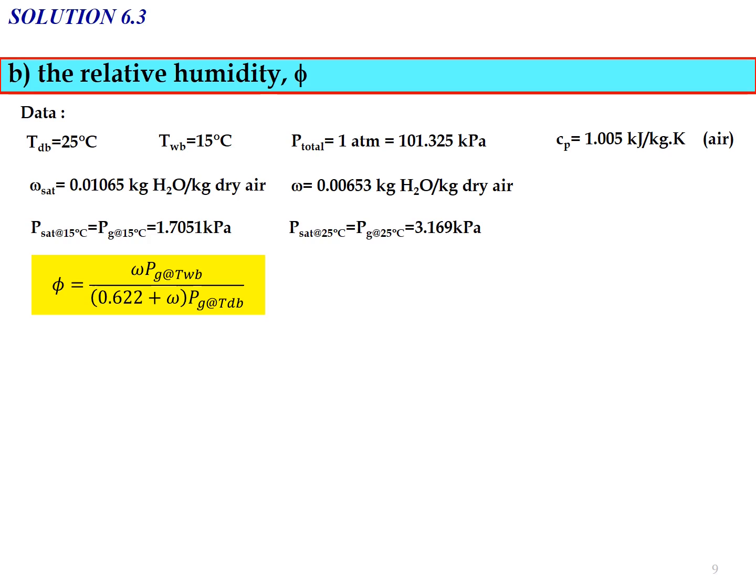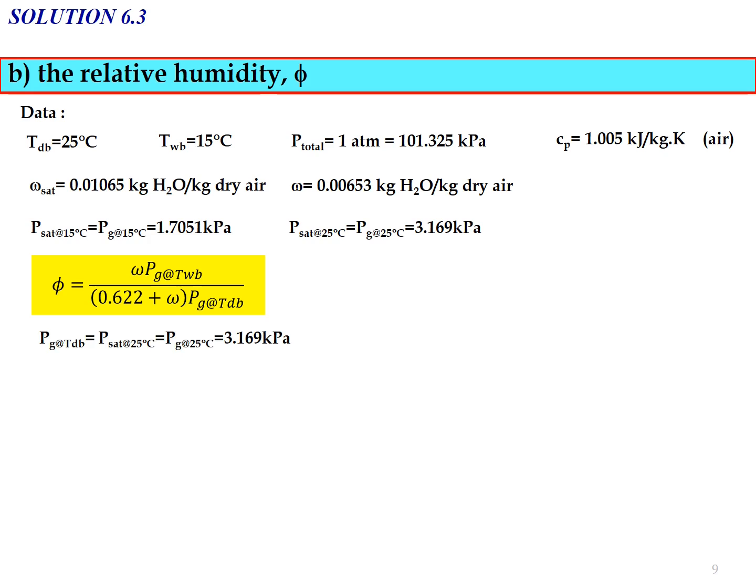By referring to the equation for relative humidity that we obtain from the adiabatic saturation process, relative humidity psi equals omega multiplied by Pg at wet bulb temperature divided by 0.622 plus omega multiplied by Pg at dry bulb temperature.